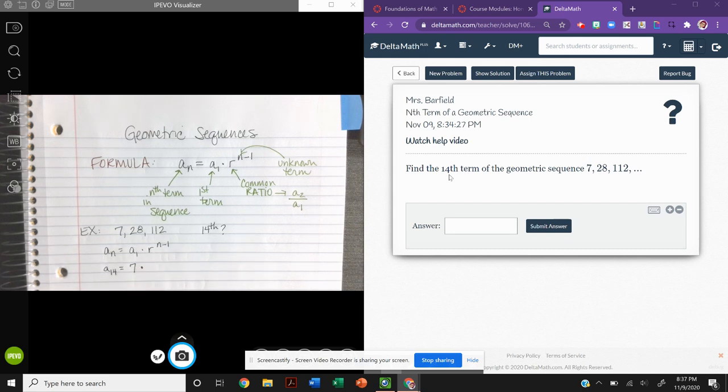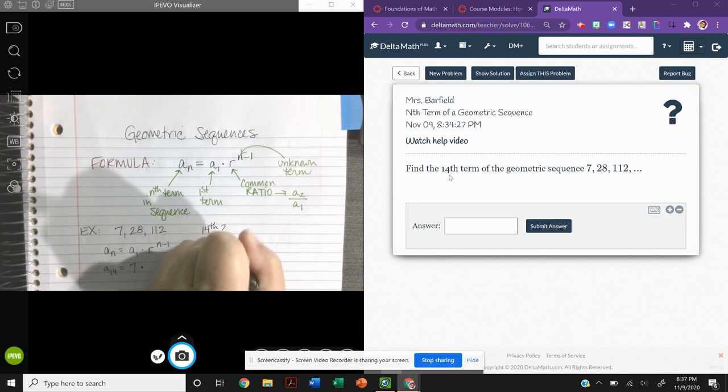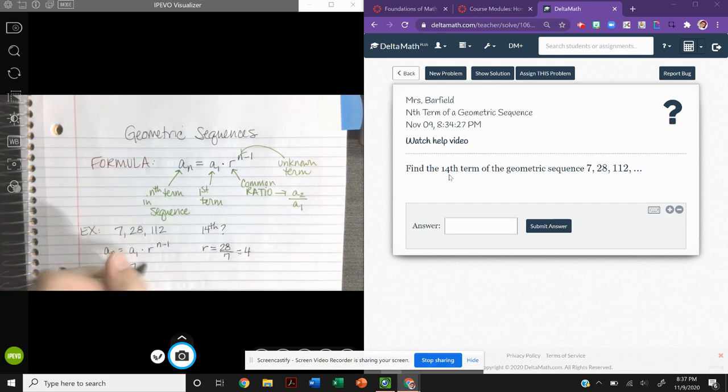How do we get r? How do you get from 7 to 28? You multiply by 4. Or you say r equals 28 divided by 7, which equals 4. So 4, and then the exponent n, 14 minus 1.